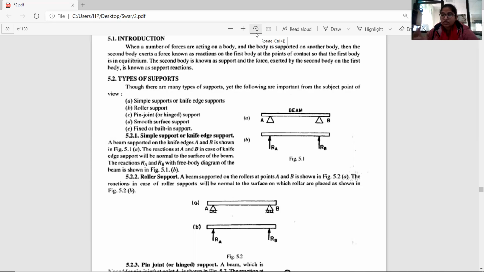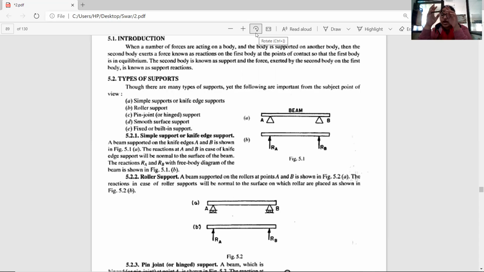So let's take an example to understand the support system. If I have a structure, and in the structure I have a room, and in the room I want to tuck a rod for hanging my clothes or curtains or something like that.